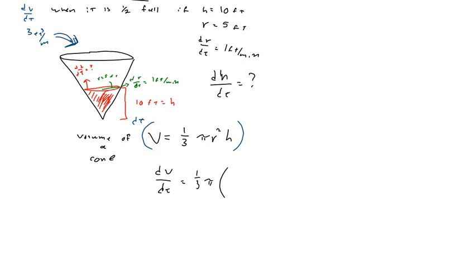The product rule says first times derivative of the second. So r squared, derivative of h, dh/dt.